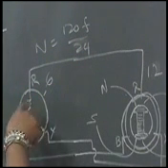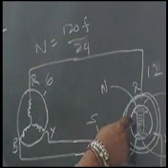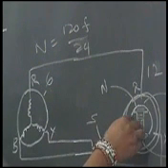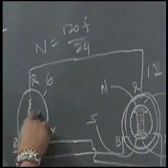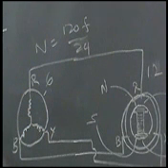That means the speed at which this field is rotating will be produced here at a lesser speed. So that is the meaning of the synchronous speed.